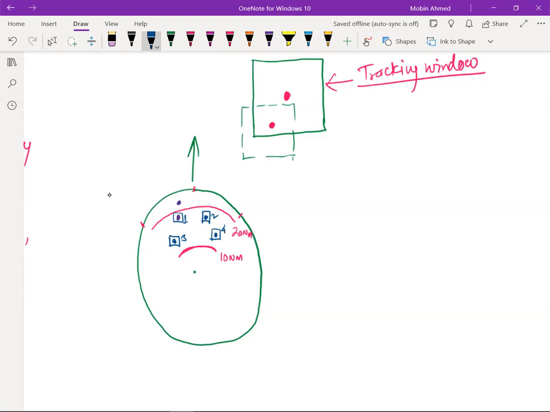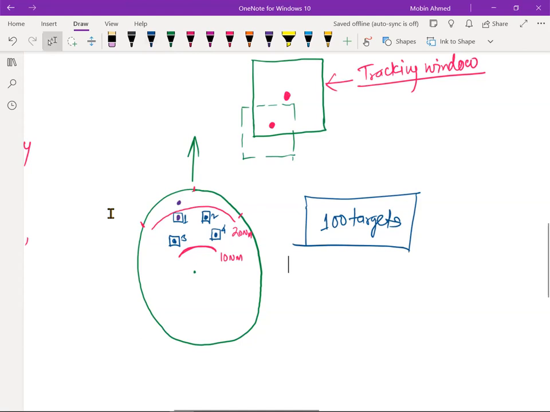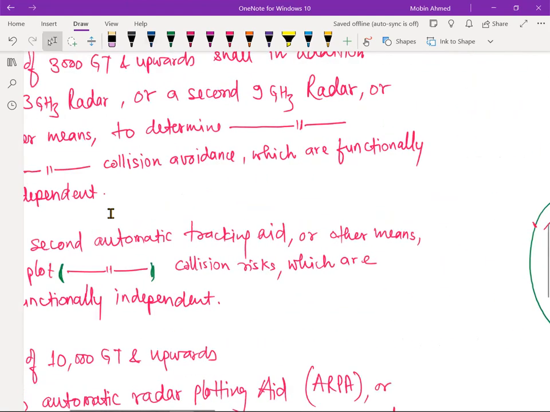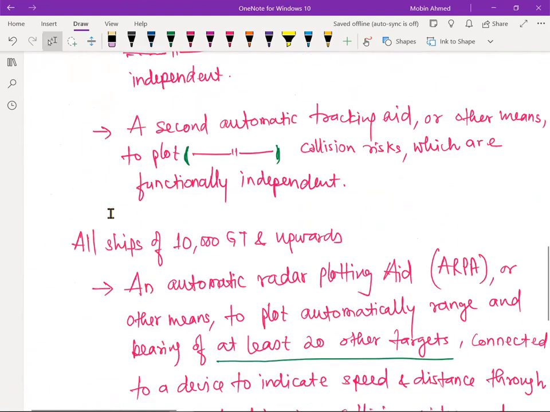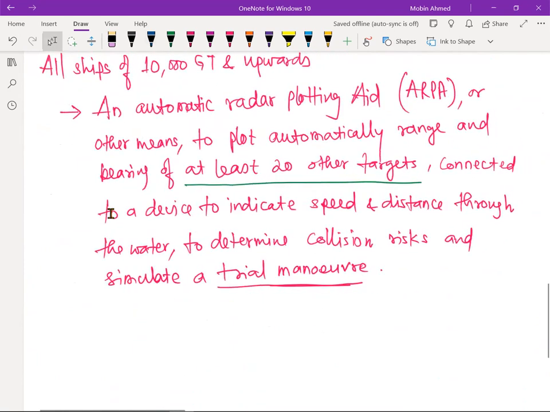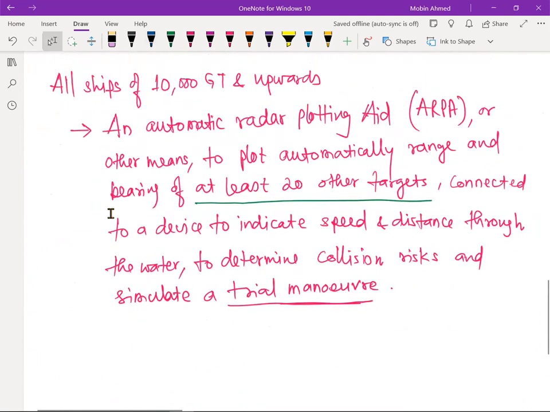But nowadays, if you see the radar, it can track more than 100 targets at a time. About 100 targets it tracks. So that is the ARPA, and that is the advancement of the technology. So there is no issue with the 20 targets and all. It can track many targets simultaneously.